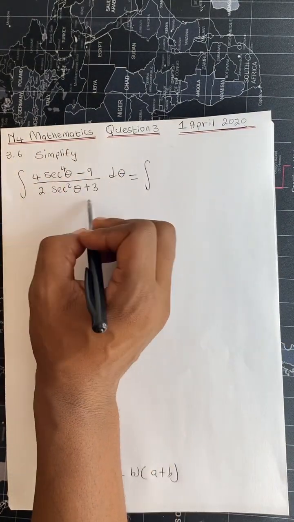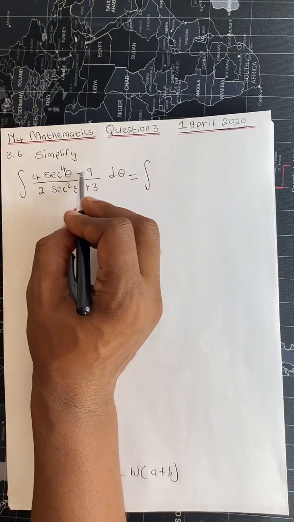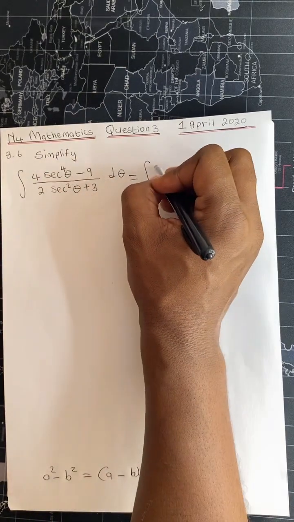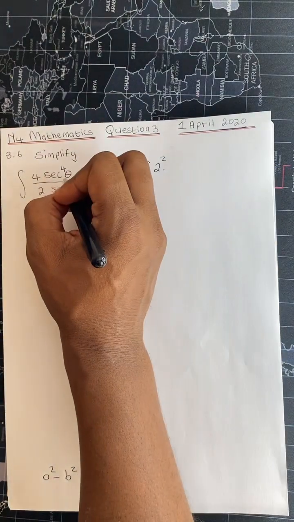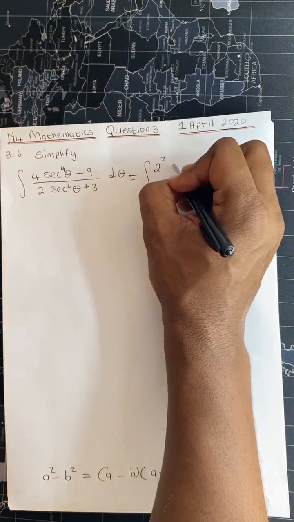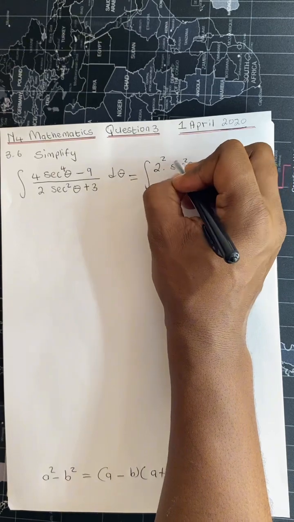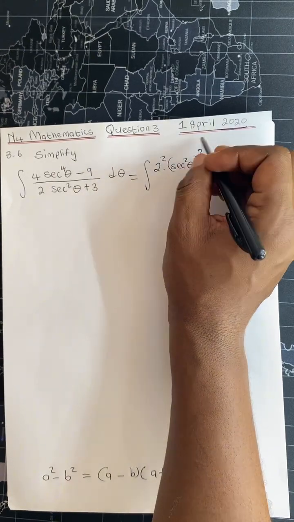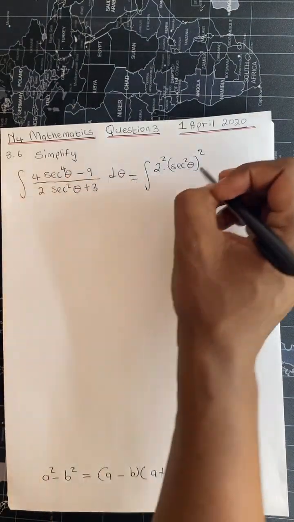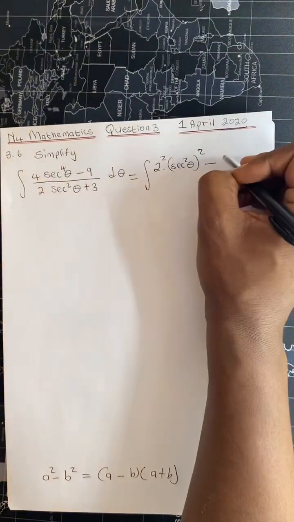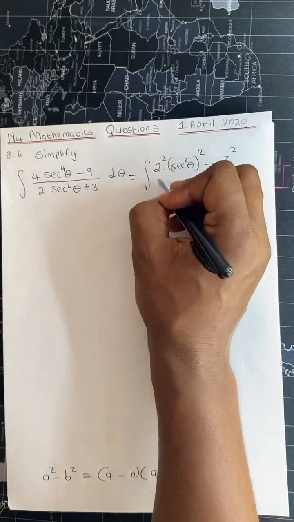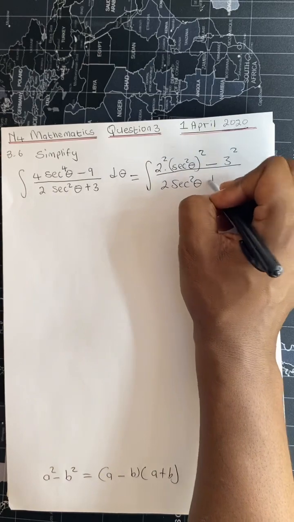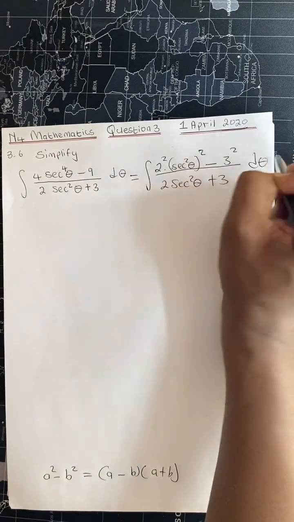So this is already guiding us that we have to change this so that it can be similar to that. So we can write that 4 as 2 squared, and we can write that sec to the power 4 theta as sec squared theta all squared. So sec squared theta squared is just the same as sec to the power 4 theta, minus the 9, we can write it as 3 squared, over 2 sec squared theta plus 3 d theta.